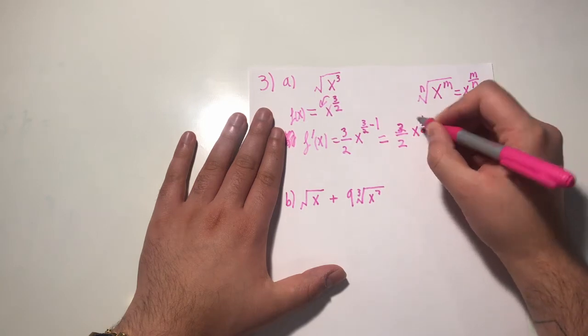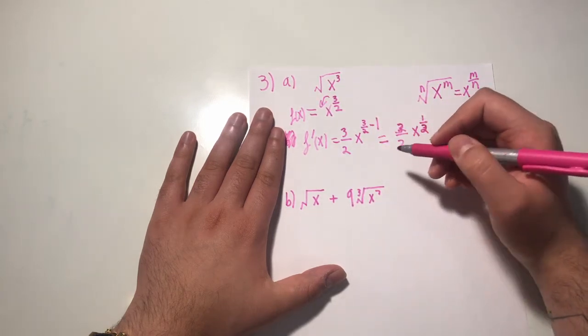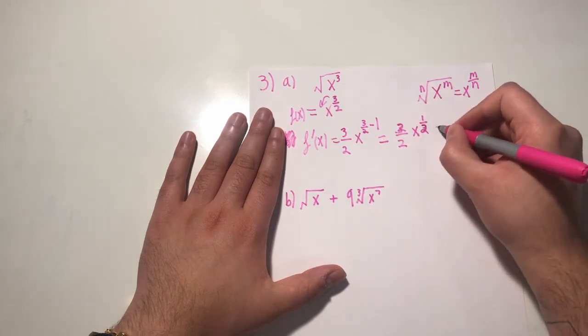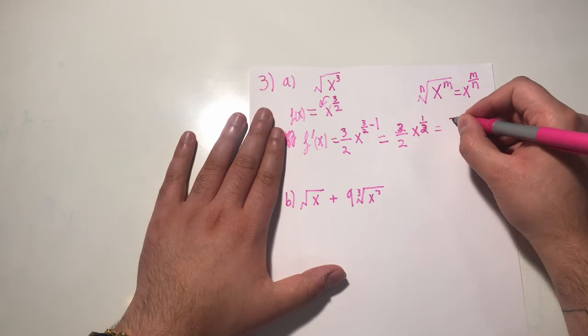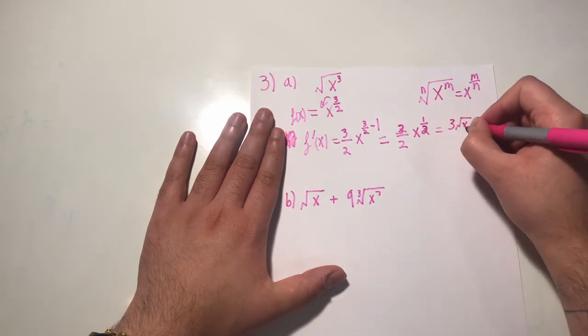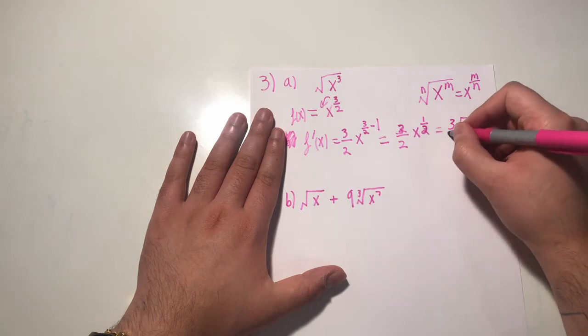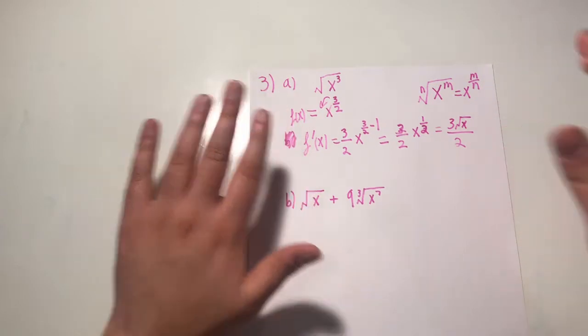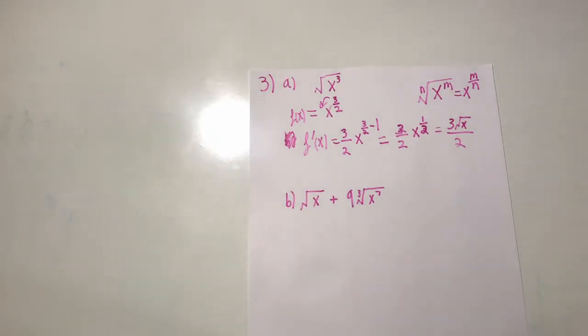My bad. 3 over 2 minus 2 over 2 is 1 over 2. Now, if you're required to convert that back, you can make it a root. So this will become 3 times the square root of x, all over 2. Although it looks more complicated, it is the exact same rule that you've been using this whole time.